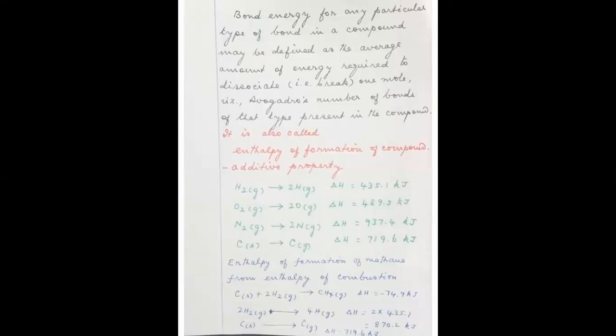For an oxygen molecule to be broken into oxygen atoms, it is 489.5 kilojoule. For nitrogen to break into 2 nitrogen atoms, it is 937.4 kilojoule. For solid carbon to gaseous carbon, it is 719.6 kilojoule. So the enthalpy of formation of methane, now you can calculate.